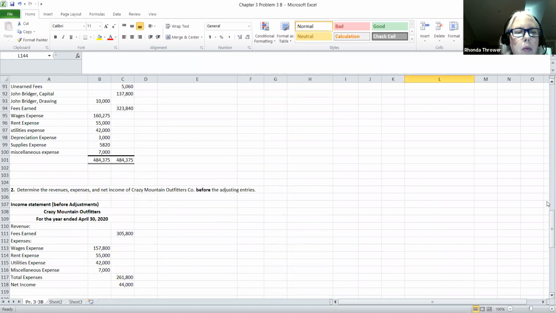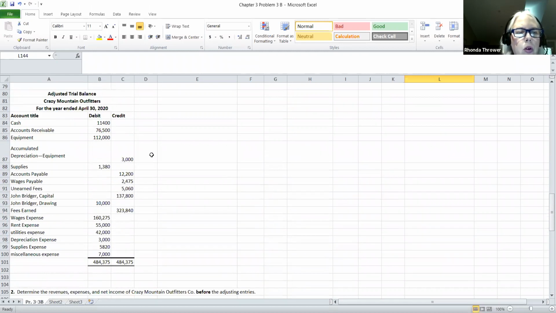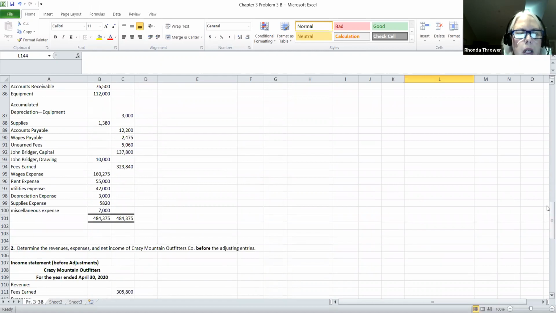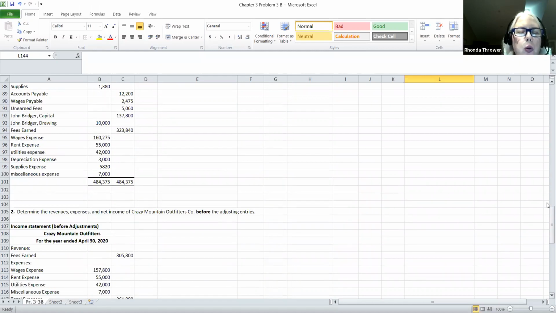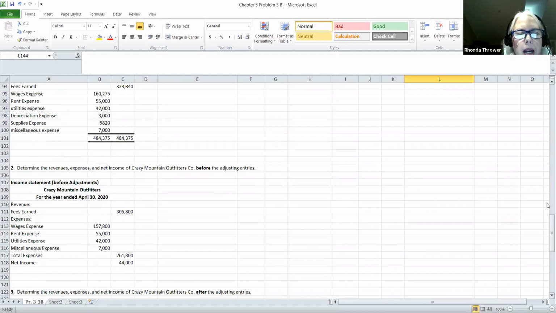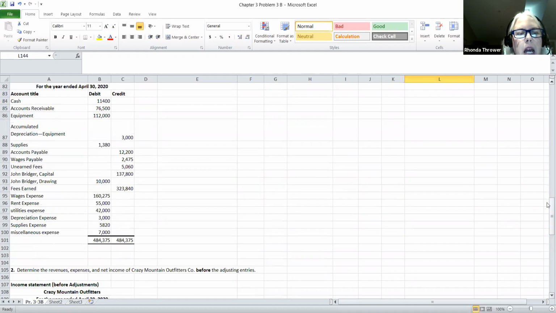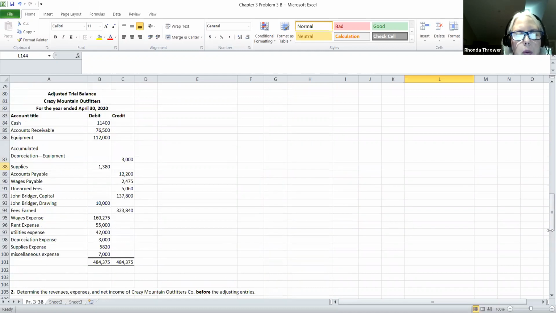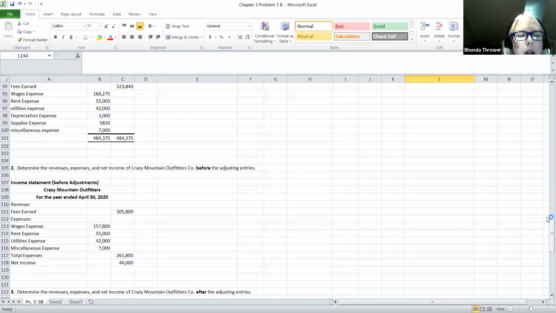Make sure that your adjusted trial balance balances if you were required to do one. And you will use the information from the adjusted trial balance to prepare your financial statements.